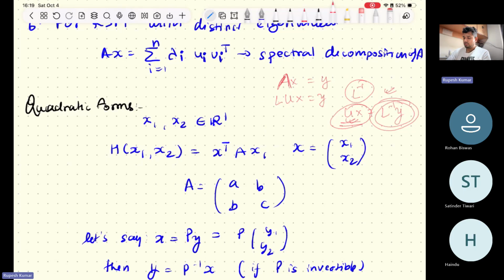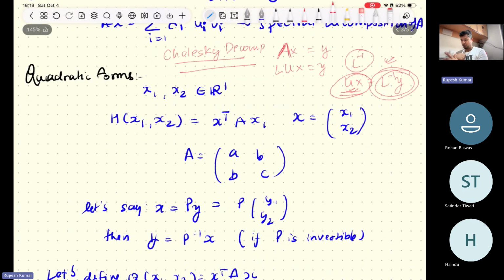Right. Now there is another interesting decomposition, the Cholesky decomposition, right? That you will see. What it does is some sort of factorization that looks like this. The benefits are, if the matrix is symmetric, and additionally there is one more constraint that we are going to see using these quadratic forms.